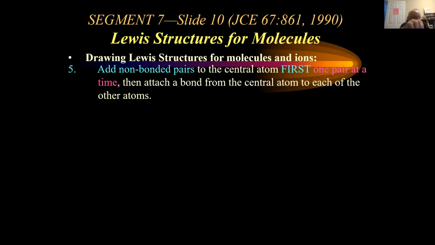But if you had non-bonded pairs, well, the non-bonded pairs have one nucleus on one end, but there's not another nucleus on the other end. So the bonded pairs expand and occupy more space. In other words, the maximum repulsion is going to occur between non-bonded pairs.